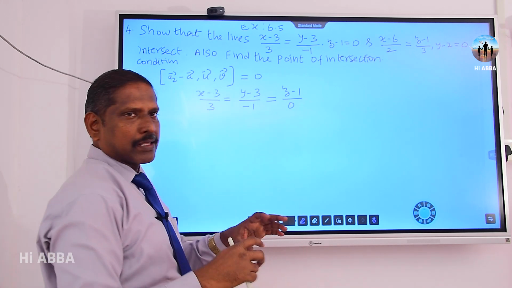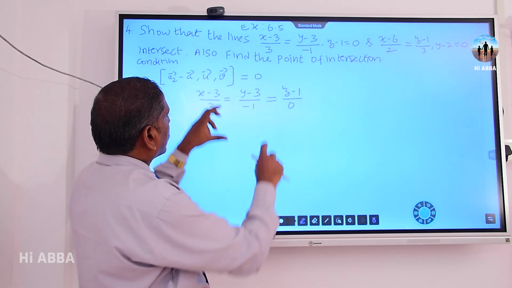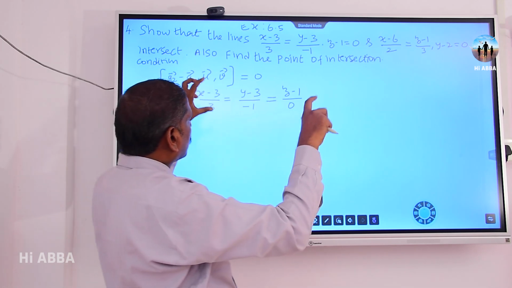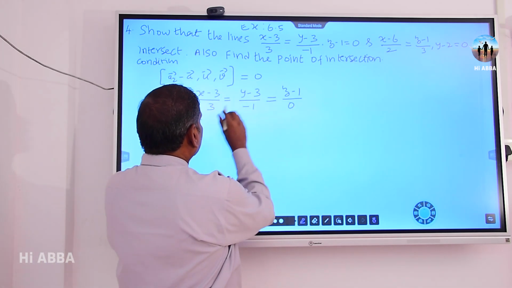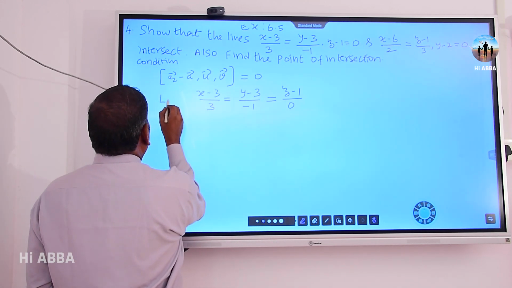So this is the symmetric form of the straight line. Actually, the given equation is not in symmetric form, so you have to rewrite it. This is line 1.